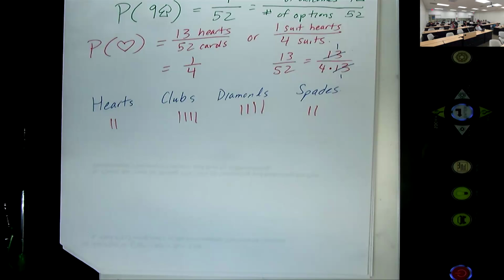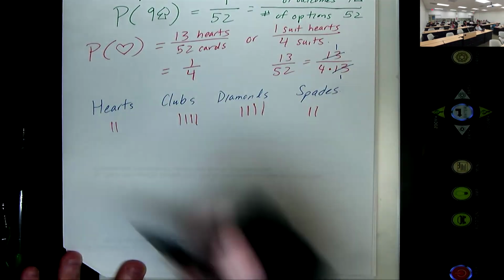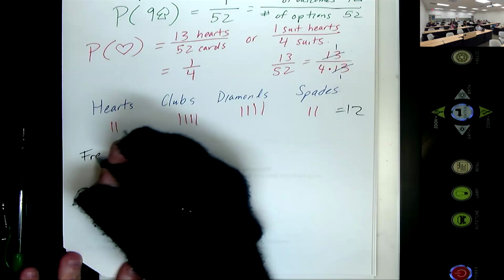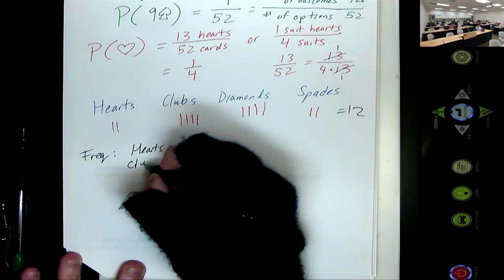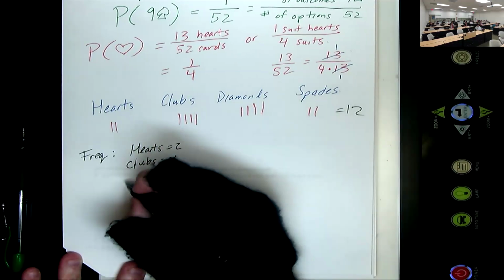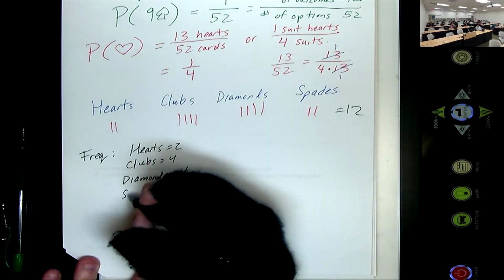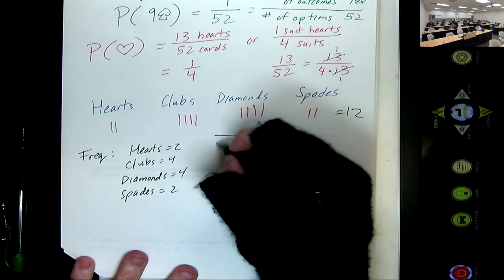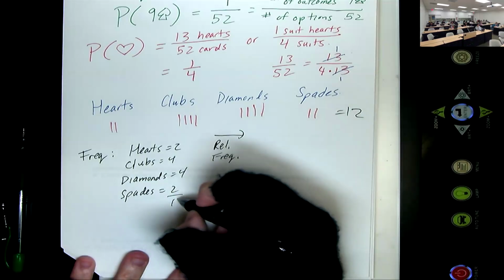So if we look at this as a frequency of what I drew, this has up to 12 cards. Frequency is gonna be: hearts is 2, clubs is 4, diamonds is 4, and spades is 2. And if we convert to relative frequency, there was 12 cards.